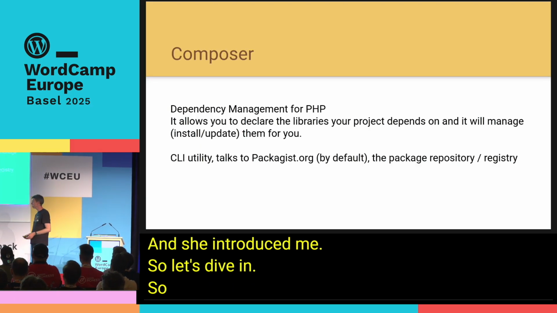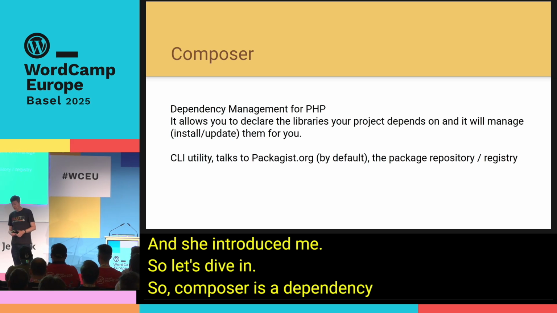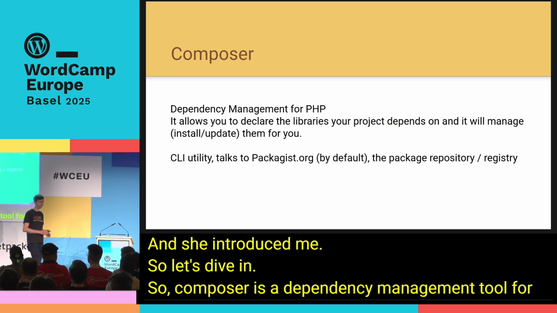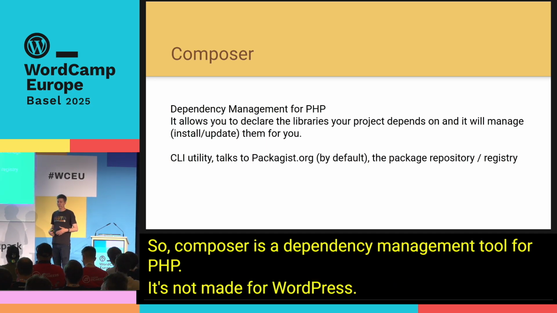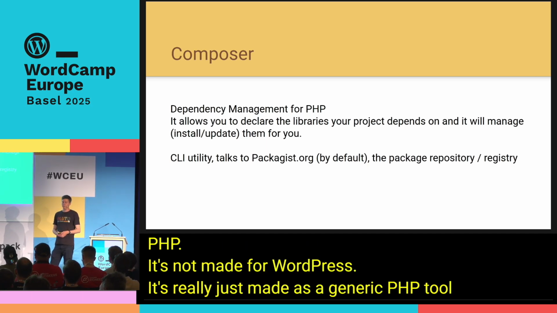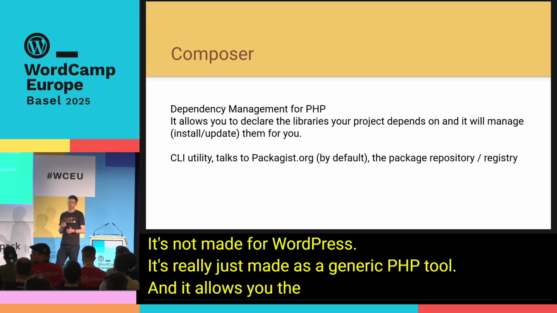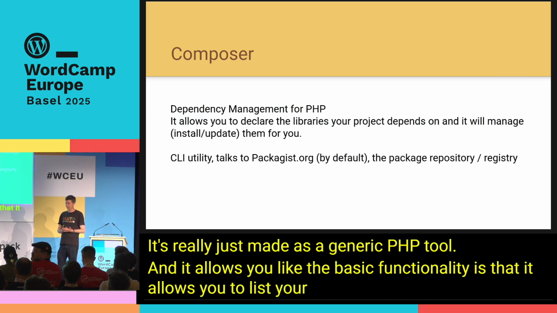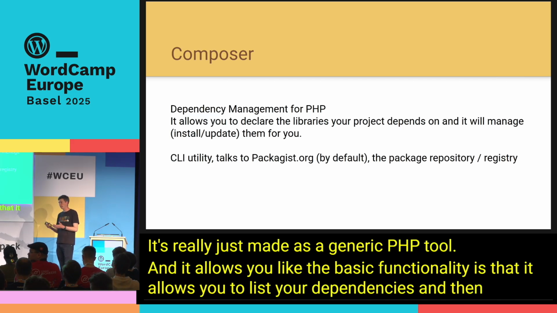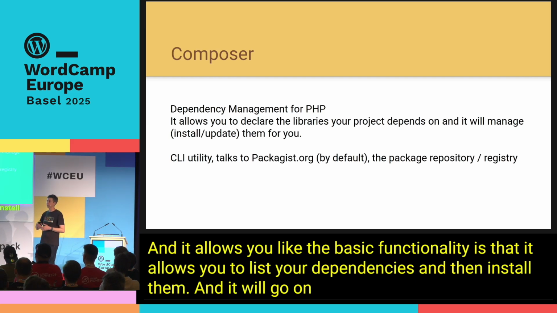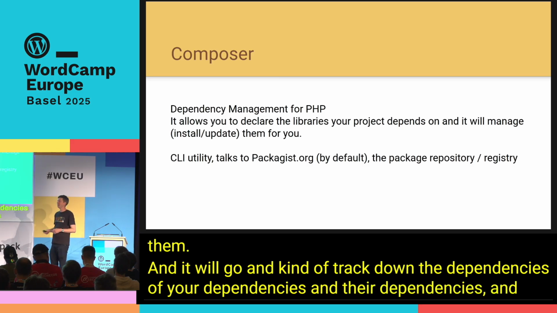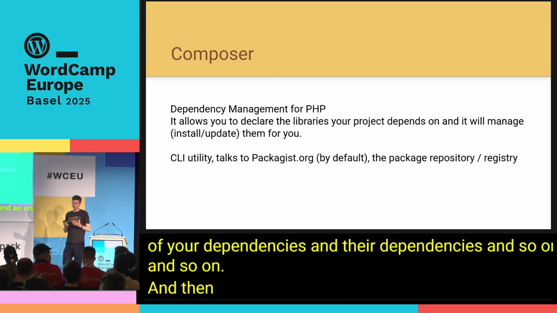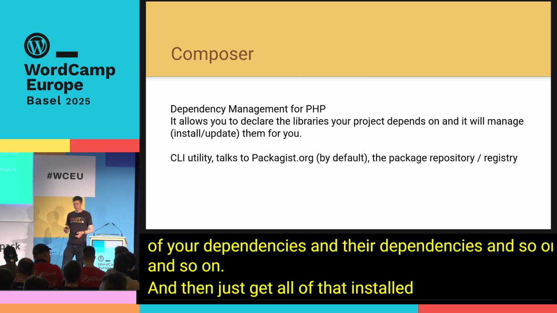So Composer is a dependency management tool for PHP. So it's not made for WordPress. It's really just made as a generic PHP tool. The basic functionality is that it allows you to list your dependencies and then install them, and it will track down the dependencies of your dependencies and their dependencies and so on, and get all of that installed and updated as well.